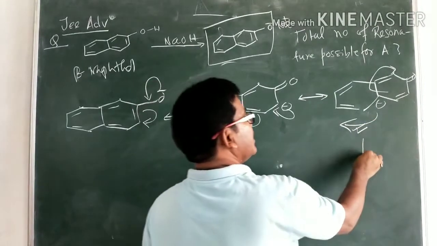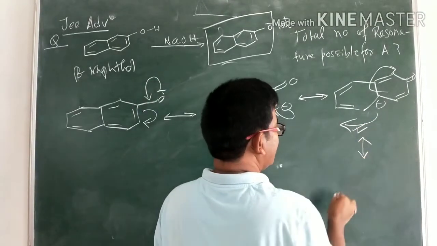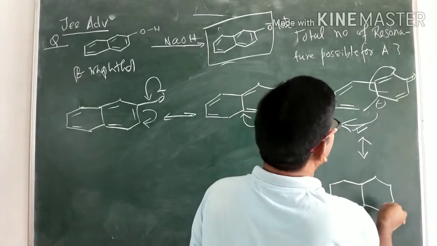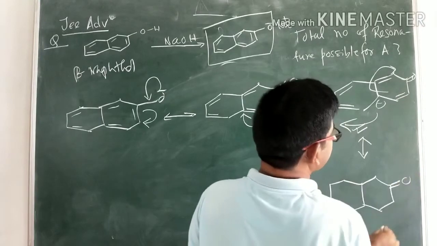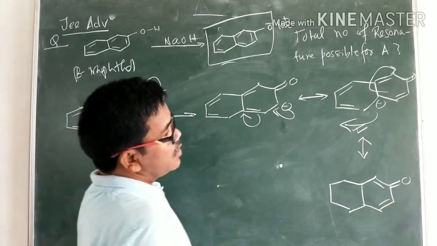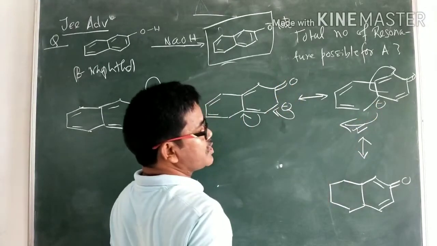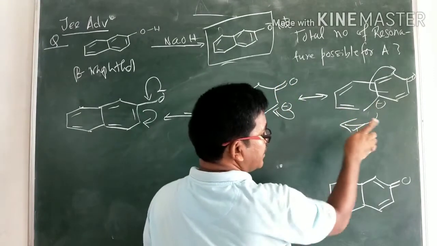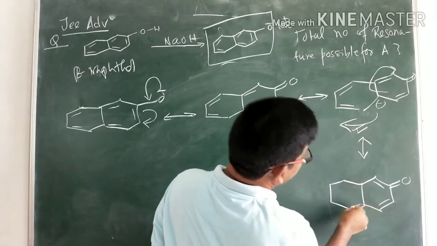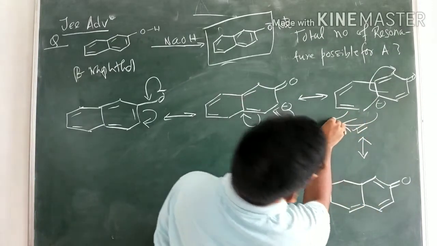Therefore, from that, if I go for the resonating structure, the next structure will be like that. The other bonds will remain the same. There are no changes. Only the changes through the conjugation take place. We are going in this particular direction of conjugation. Here there is a negative. Here there is a pi bond. This negative will make it a double bond, and these double bonds will make it negative.